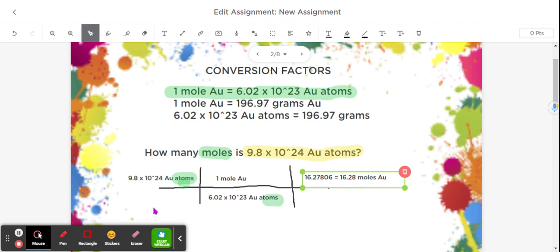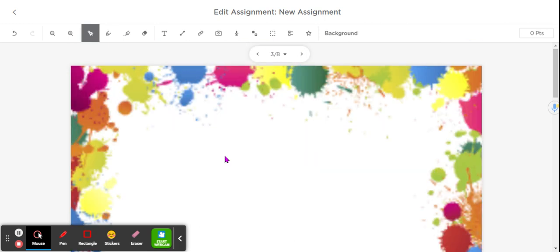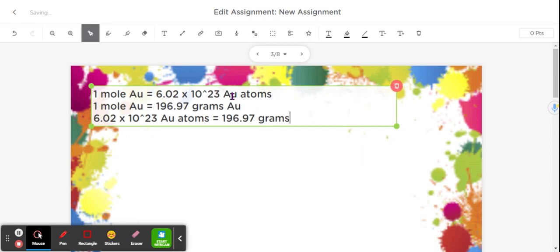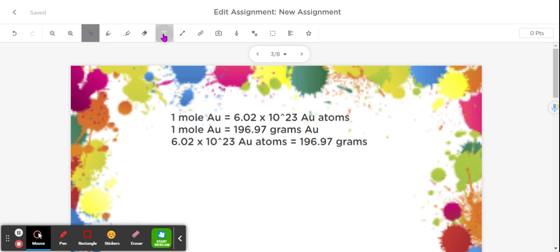All right. So let's try another one. And again, just like I did, I'm going to copy this so that I have it handy. Maybe if you're doing these at home or even at school, you have a piece of paper out and you write these 3 conversion factors at the top so that you can reference them. All right. So let's ask a different thing this time.